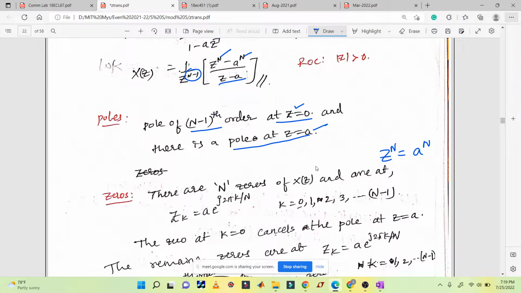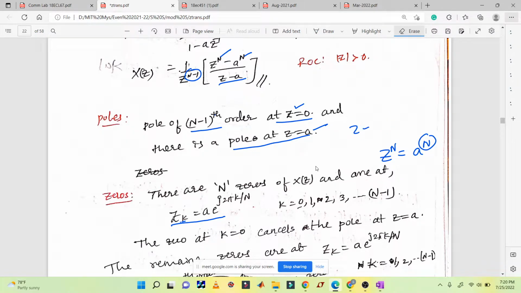So here there are a total of n zeros, and it is given by this equation. It is based on z equal to r into e to the power j omega. We know that z is given by this, so based on this we have written it.